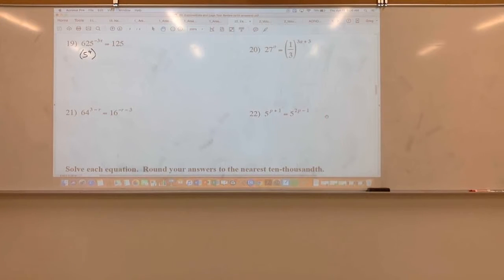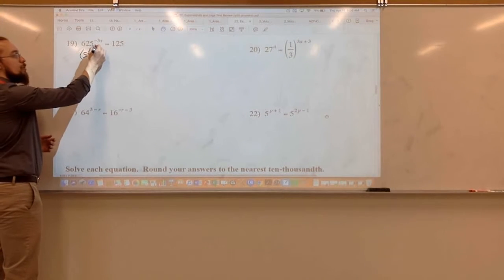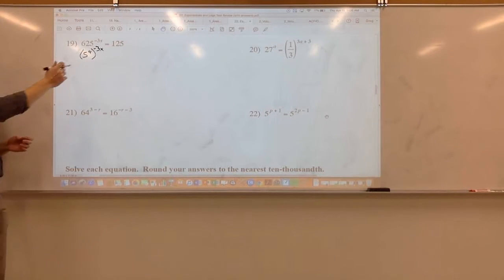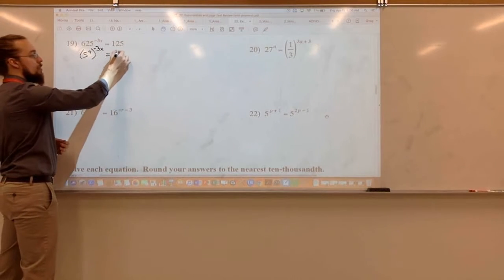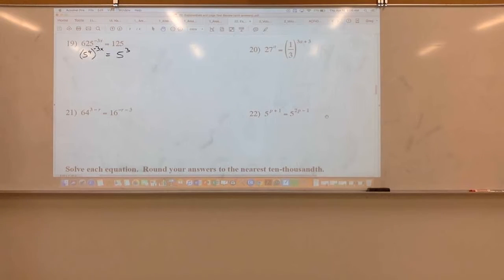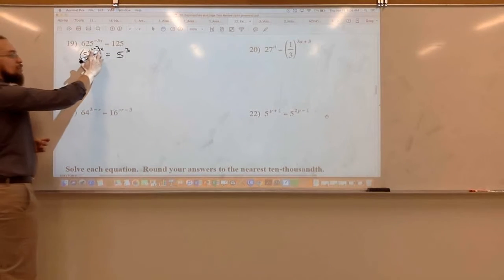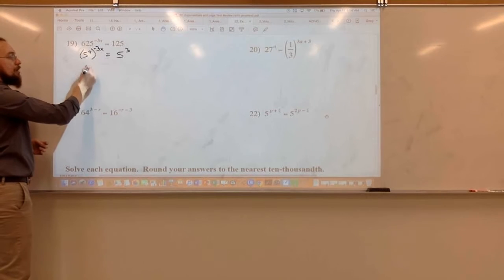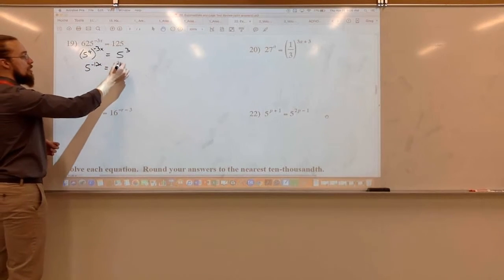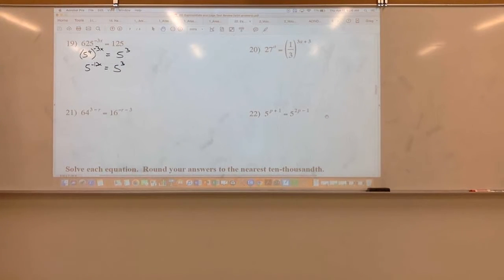You can use the calculator and do a little bit of guessing and checking. So this would be 5 to the 4th, to the negative 3x power. And then 125 is the same as 5 to the 3rd power. Now if I've got a power to a power, I multiply those together. So this would be 5 to the negative 12x equals 5 to the 3rd.